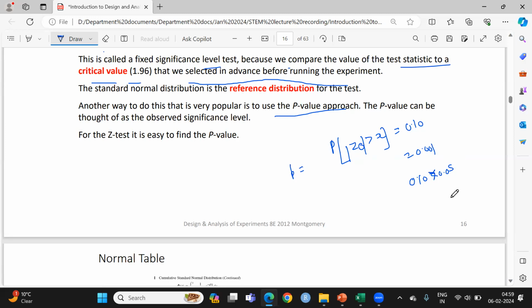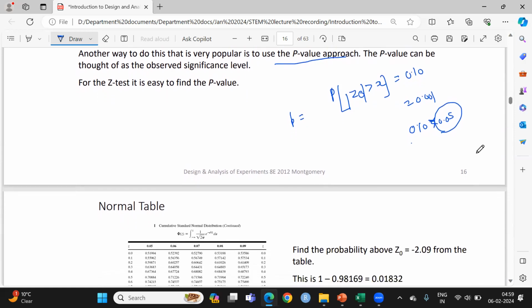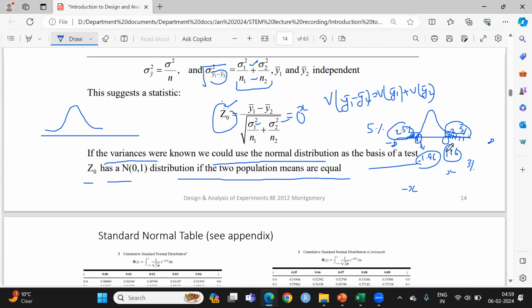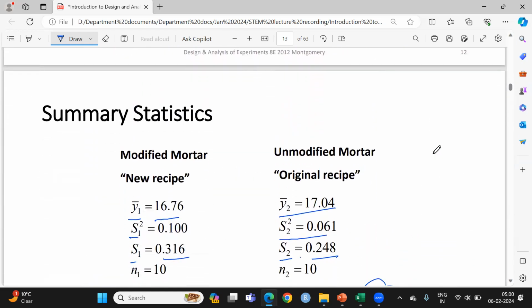So based upon that, we will make our conclusion. If the value of p is greater than 0.05 and we have assumed 0.05 as our level of significance, then we do not reject the null hypothesis. So it means that whatever statement we have made regarding the null hypothesis, that is mu1 is equal to mu2, is correct.